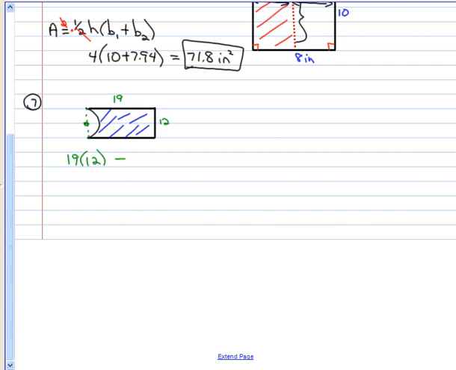Well, how do I find the area of a half a circle? 1/2 times pi times the radius squared. What would be my radius? 6. My radius would be 6. 6 squared. Now do it all at once in your calculator. Don't take the pieces. Just go 19 times 12 minus 1/2 times pi times 6 squared.